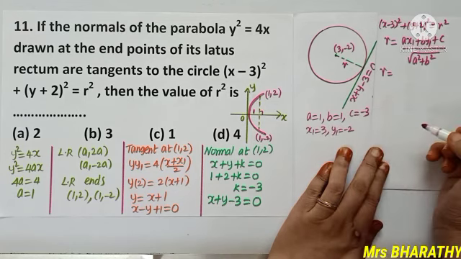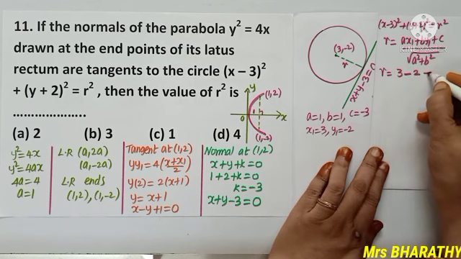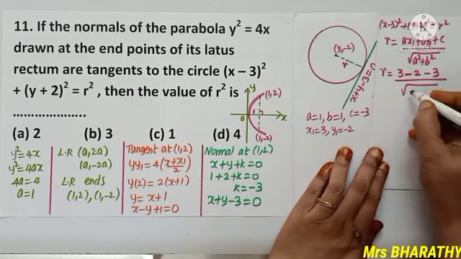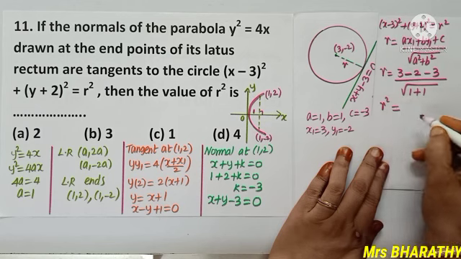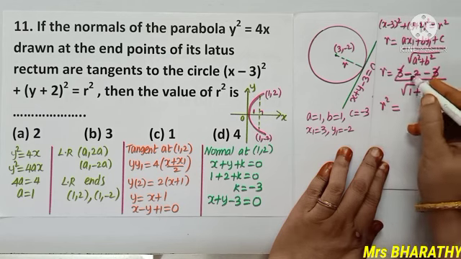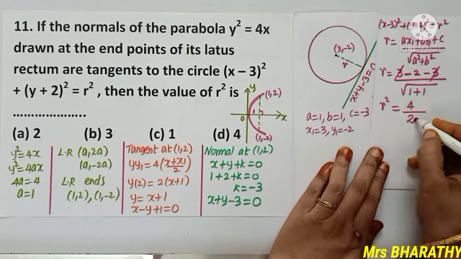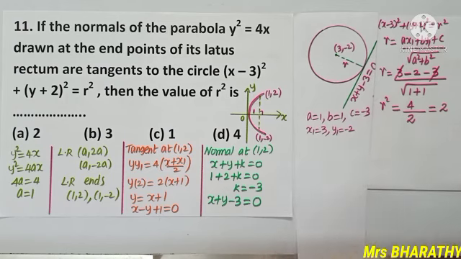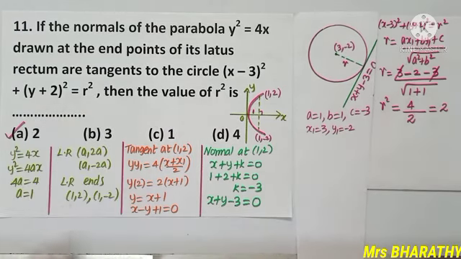As I substitute, it is 3 minus 2 minus 3 divided by root of a square plus b square, that is 1 plus 1. Squaring, we get r square is minus 2 square is 4. Root will get cancelled. I am just left with 2. So r square is 2. Out of the 4 options, option A is the right choice.